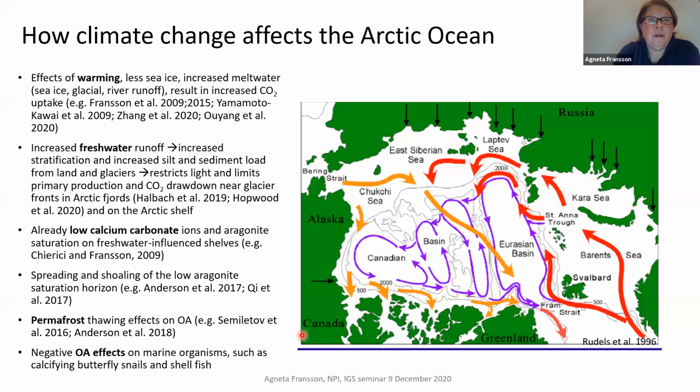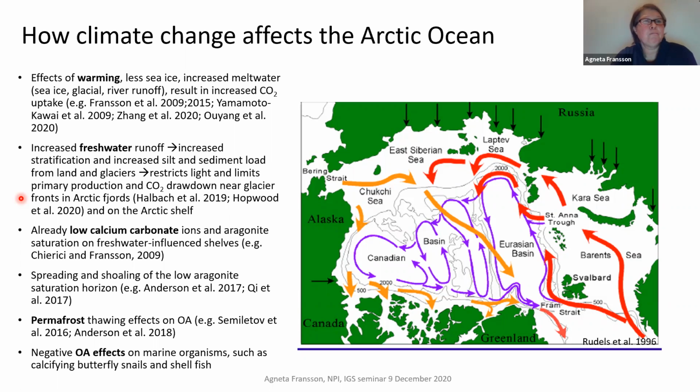With warming, we already observed less sea ice and also increased meltwater, and that resulted in increased CO2 uptake. We also found that increased freshwater runoff increased the stratification, and the increased silt and sediment load from land and glaciers restricts light and limits primary production and CO2 drawdown near glacier fronts in Arctic fjords, but also on the Arctic shelf.